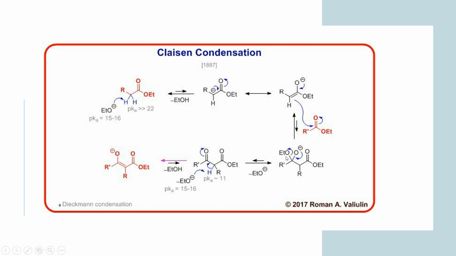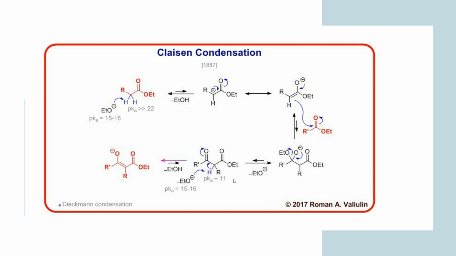Here it is ethoxide, OEt, which is a good leaving group. When the oxyanion pushes its electron pair back, the ethoxide is knocked out, and then you get this product, a dicarbonyl, a beta keto ester. This is the product of Claisen condensation.